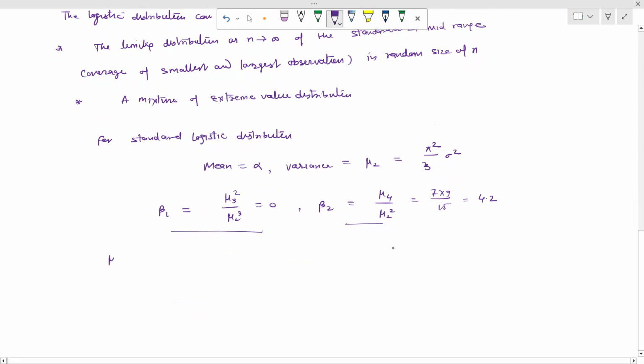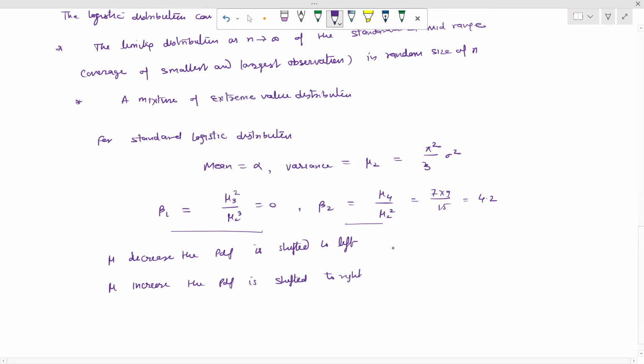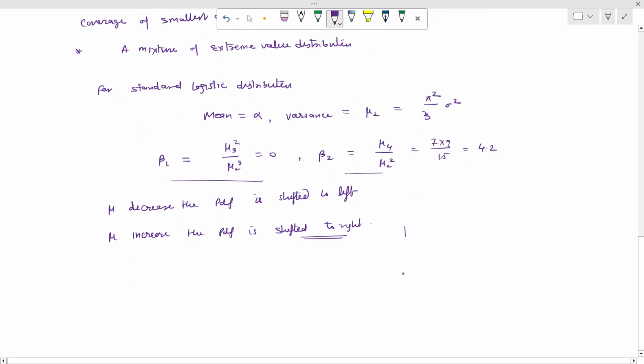So here, as mu decreases, the PDF is shifted to the left, or as mu increases, the PDF is shifted to the right. अगर ये depend करता है mu की value पे, अगर mu increase हो रहा है तो हमारा जो PDF होगा वो shift करेगा right की तरफ, और decrease हो रहा है तो left.